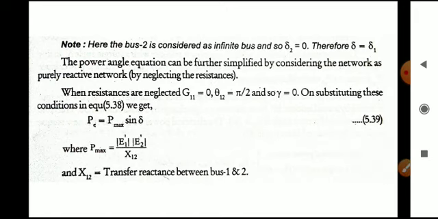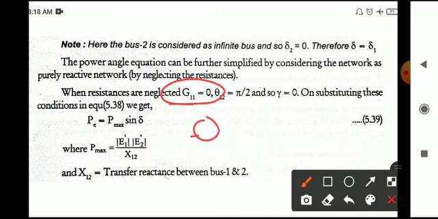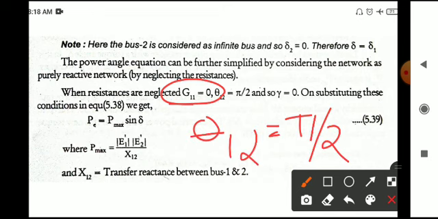The power angle equation can be further simplified by considering the network as a purely reactive network, that is, by neglecting the resistances. When the resistances are neglected, G11 becomes 0 and theta 12 becomes pi by 2.